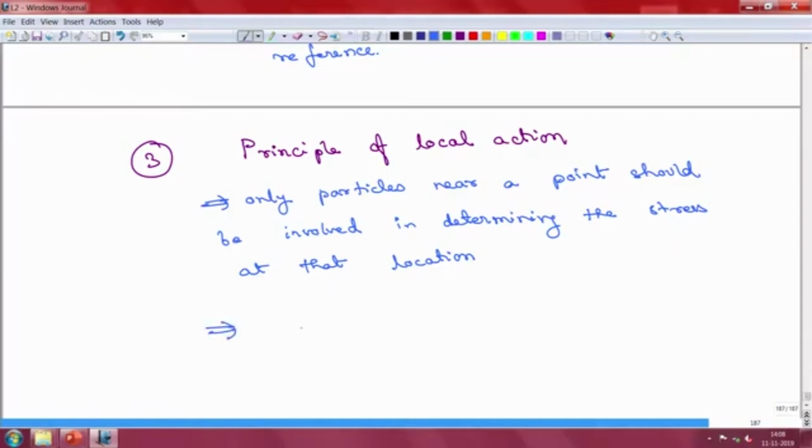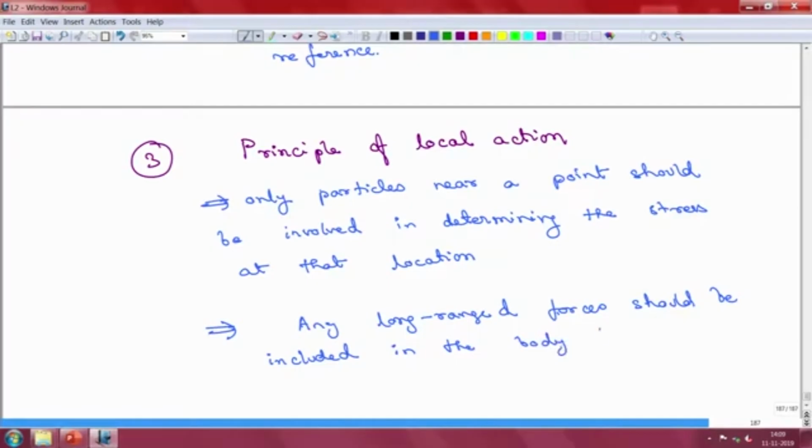So any long ranged forces should be included in the body term. Right.